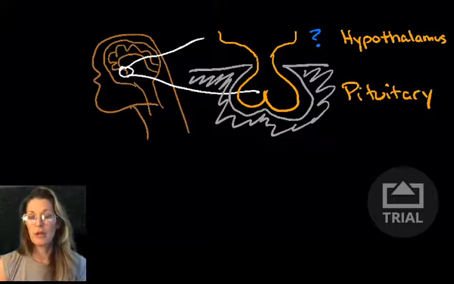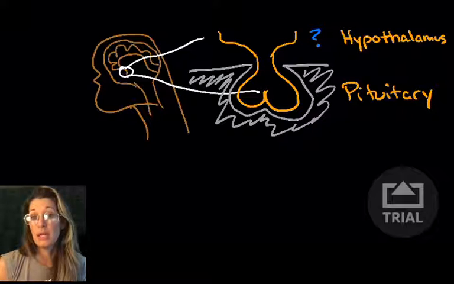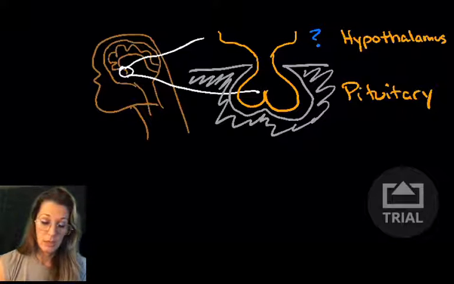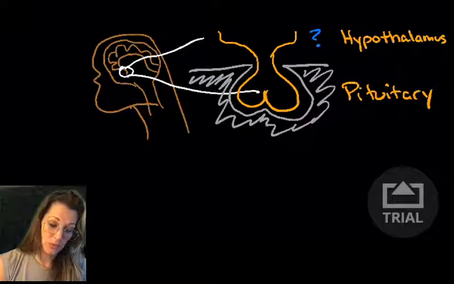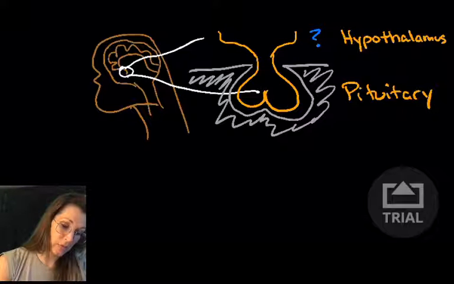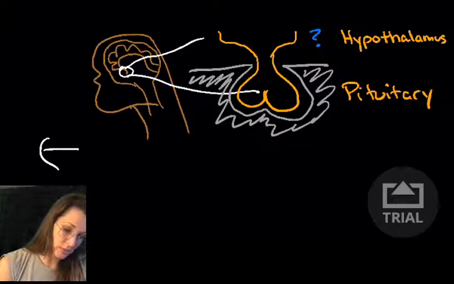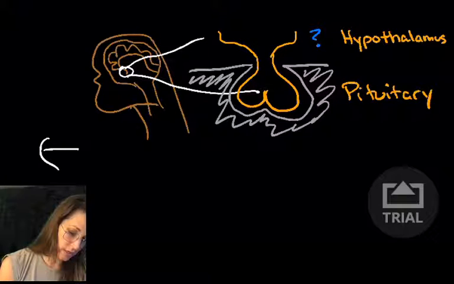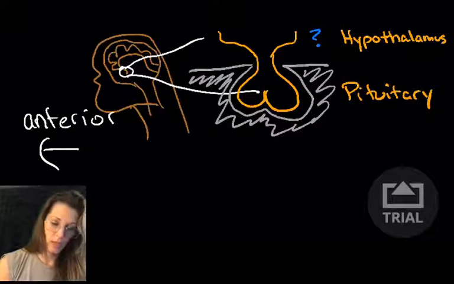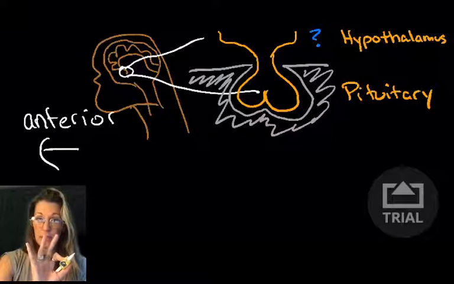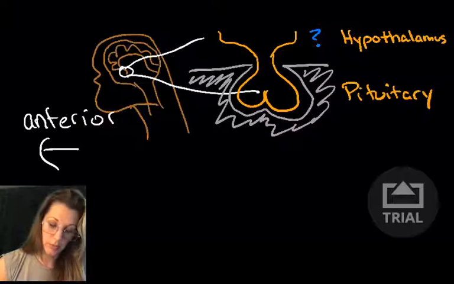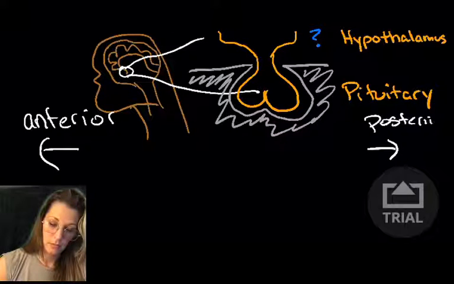And remember from our earlier lectures, the pituitary is actually two fused glands, and only one of them is a true endocrine gland. The anterior pituitary, remember anterior from lab, anterior is this direction in my super awesome face drawing, right? Anterior is the front of the body, whereas posterior would be the back of the body.